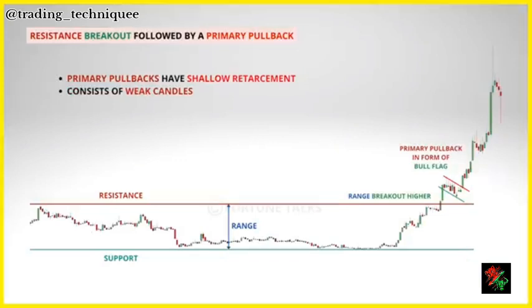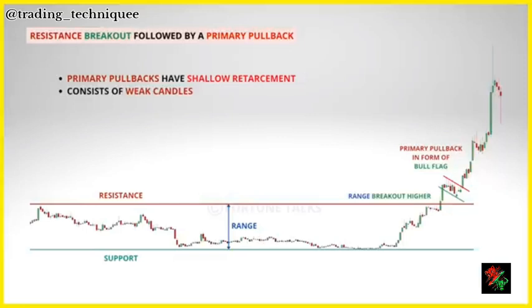So when the market finally breaks out, the traders who missed the breakout move can wait to enter the market at the first indication of a pullback. These primary pullbacks usually have a shallow retracement as not many traders want to trade against the strong momentum. And this presents a pullback trade with a very high probability.